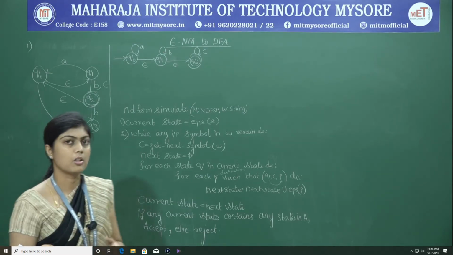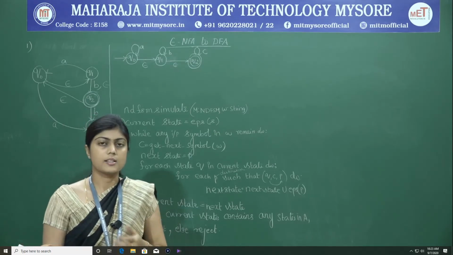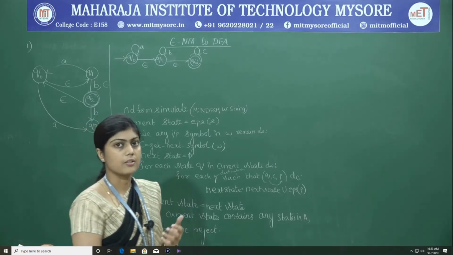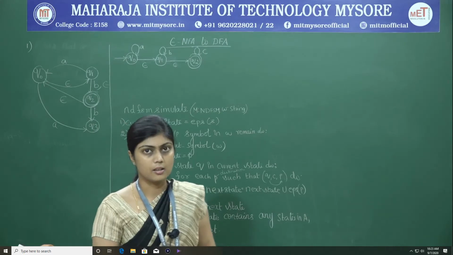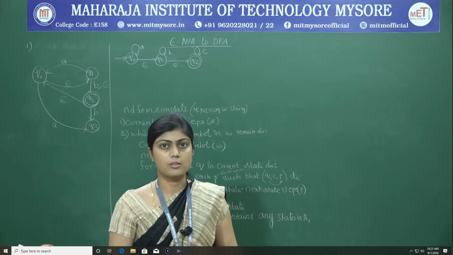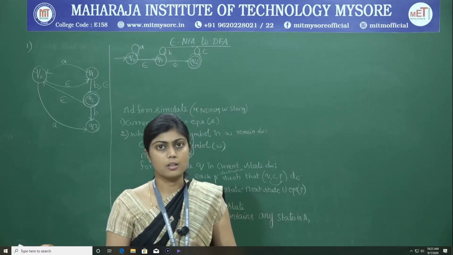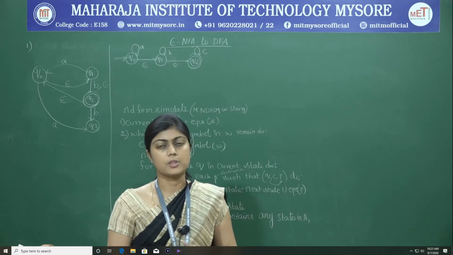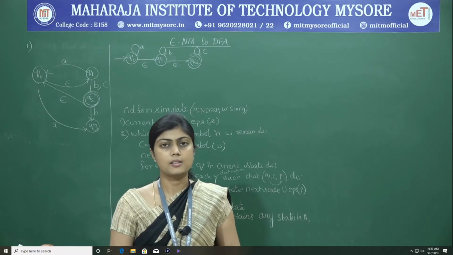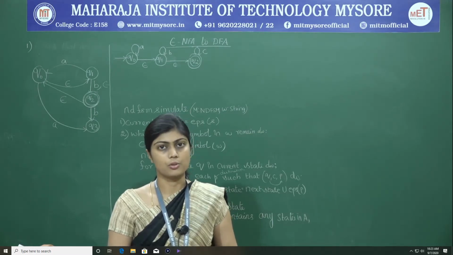So we are going to find out the epsilon closure. The meaning of the epsilon closure is the set of all the states that are reachable from any state over the epsilon transitions. So if I consider the state Q0, I will be adding to the set all the states which are reachable from Q0 over the epsilon transitions, and this is called the epsilon closure.